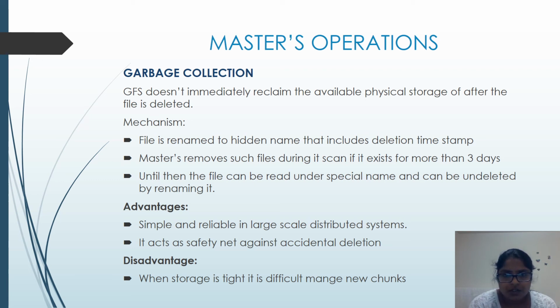The main advantages are that it's simple and reliable in large scale distributed systems. It acts as a safety net against accidental deletion. If a file is deleted accidentally, it's fine, it is stored for 3 days, so we can get it back.